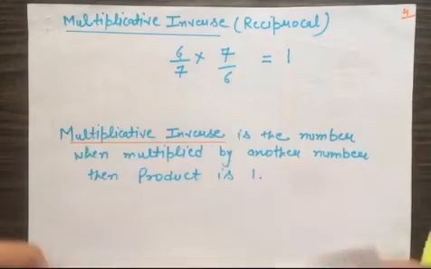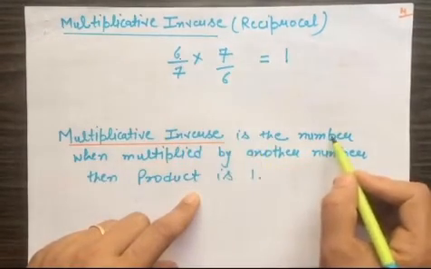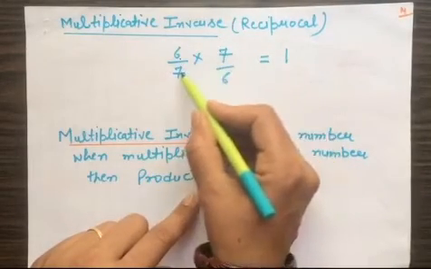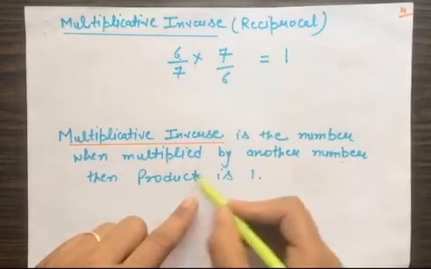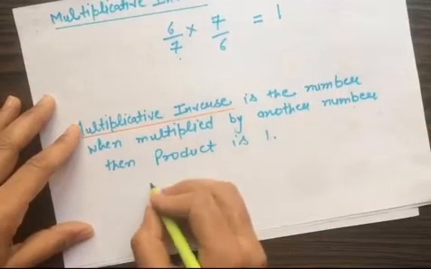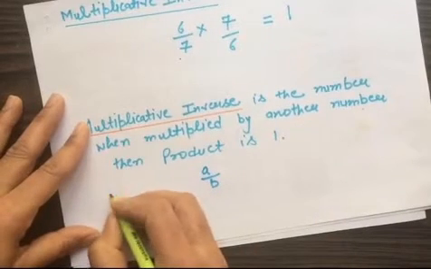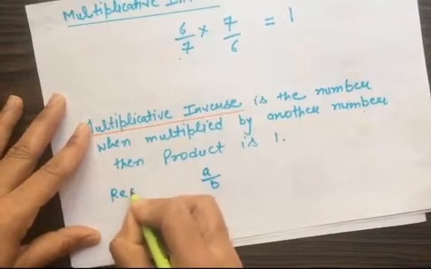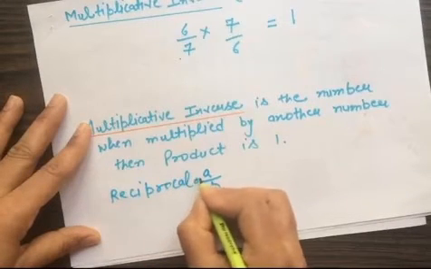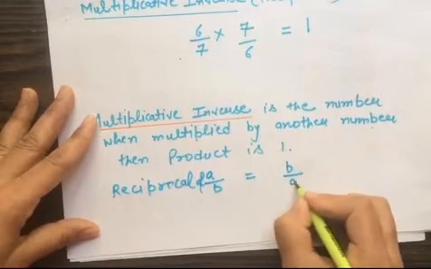So how can we define the reciprocal or the multiplicative inverse? Multiplicative inverse is the number which, when multiplied by another number, gives the product 1. If I have to find the multiplicative inverse or the reciprocal of a/b, that is b/a.